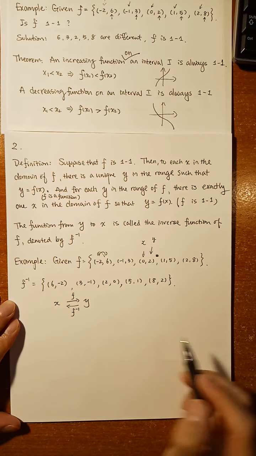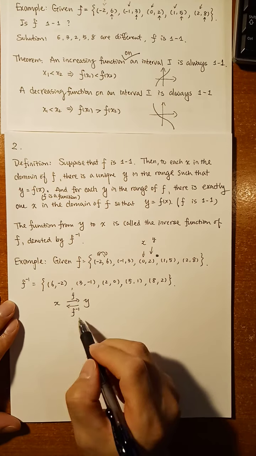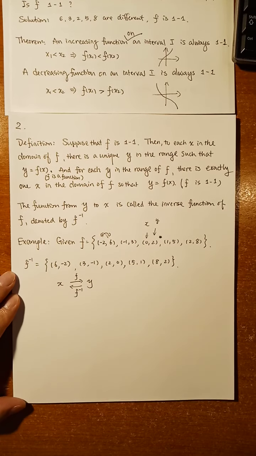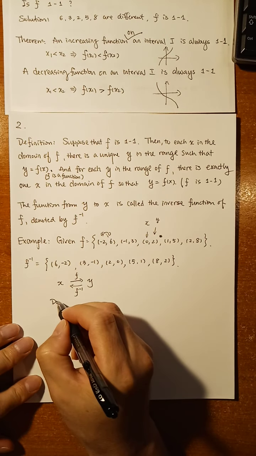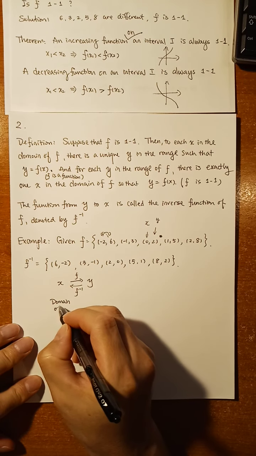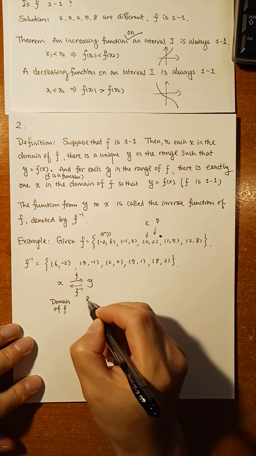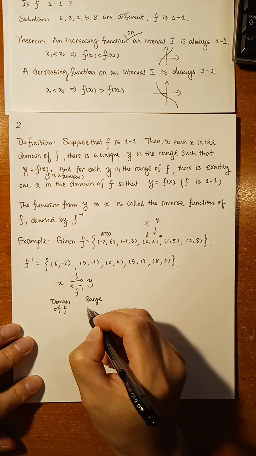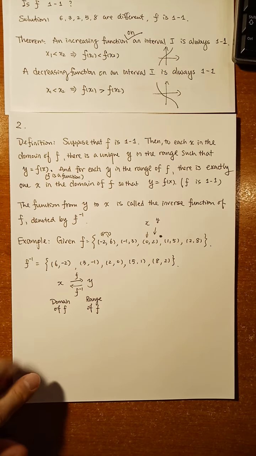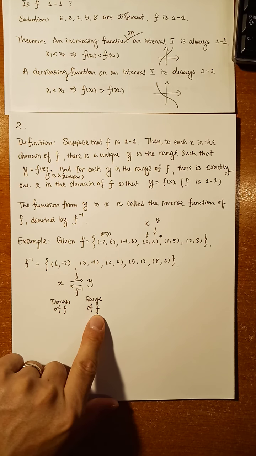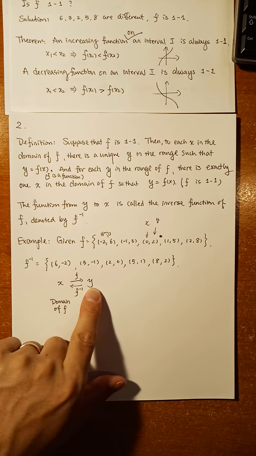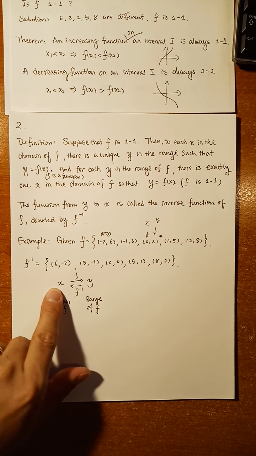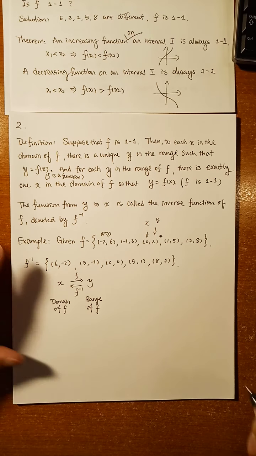From x to y, that is f. From y to x, that is f inverse. This is the domain of f. This is the range of f. But for f inverse, this becomes the domain, and here becomes the range. The right side becomes the domain of f inverse. The left side becomes the range of f inverse.